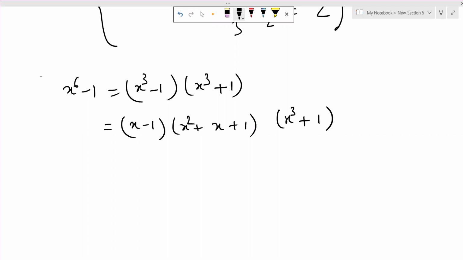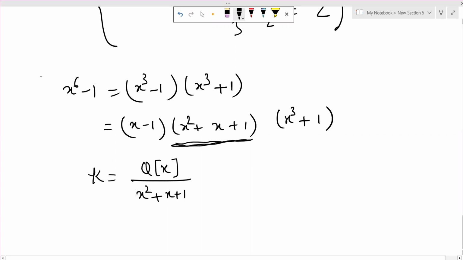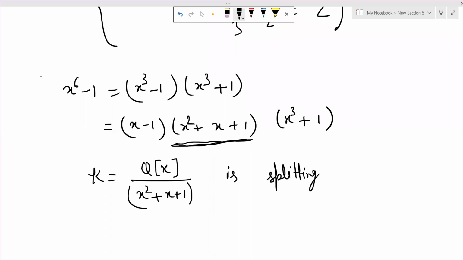So you should claim that K, which is Q[x] modulo x square plus x plus 1, is the splitting field of x to the power 6 minus 1.